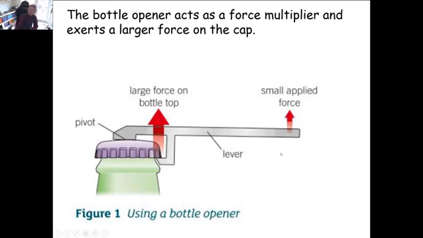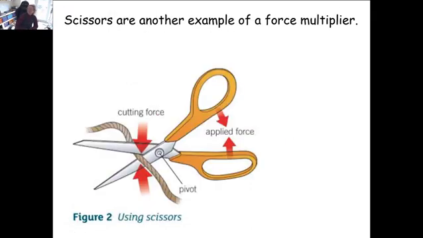Scissors would be another good example of a force multiplier. So here, where you're cutting that string, you need to apply a huge force. We don't do that. Instead, we apply a much smaller force, a much longer distance from the pivot point, and it creates the same moment here and allows us to cut the string with a much smaller force.